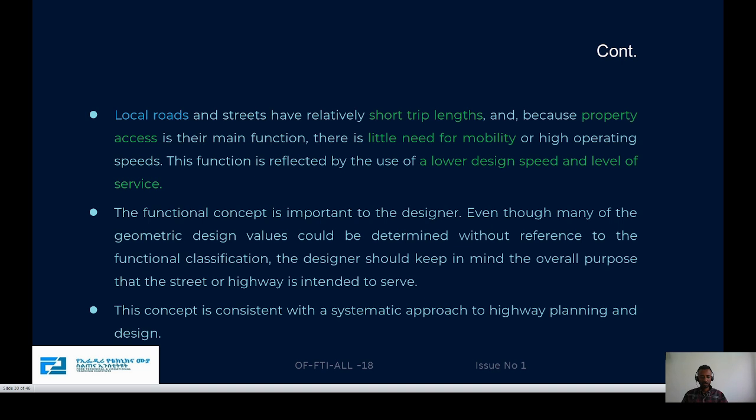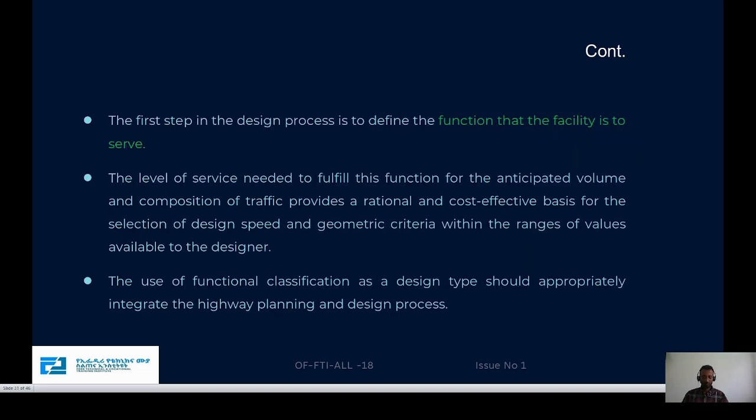So the functional concept is important to the designer. First the designer thinks about what the function or purpose of the road is. This is very important in the planning stages or in the design parts. The first step in the design process is to define the function that the facility is to serve.